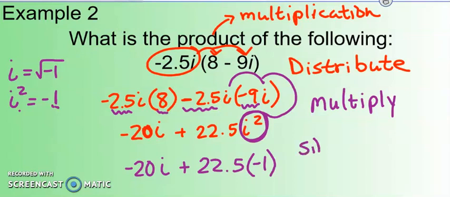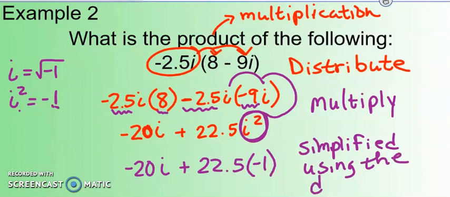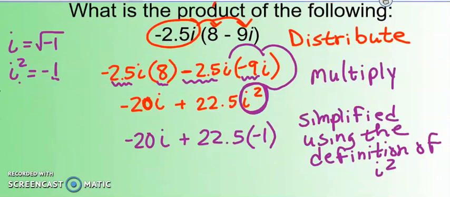We just simplified using the definition of i squared. So that's all we did, just use the definition of i squared and change it over. And now we go ahead and simplify it down. That would give us negative 20i minus 22.5.